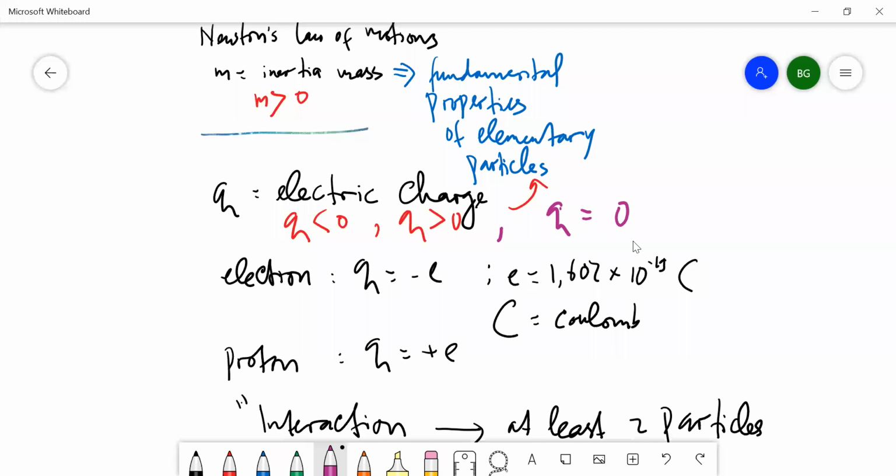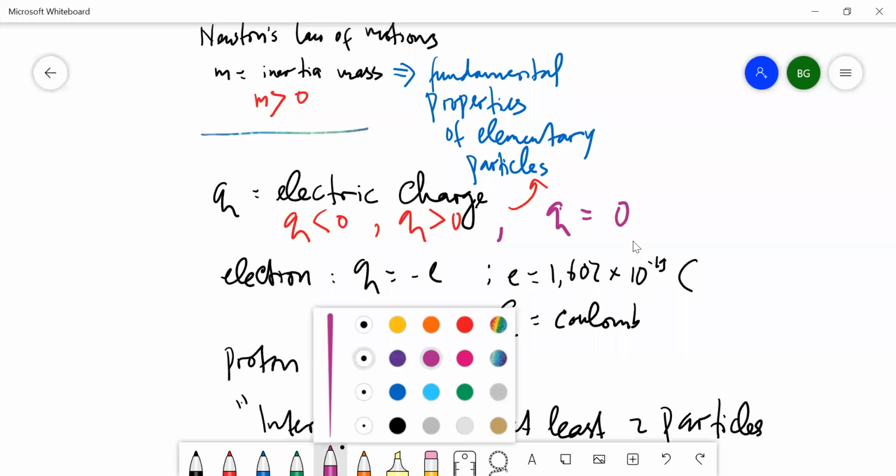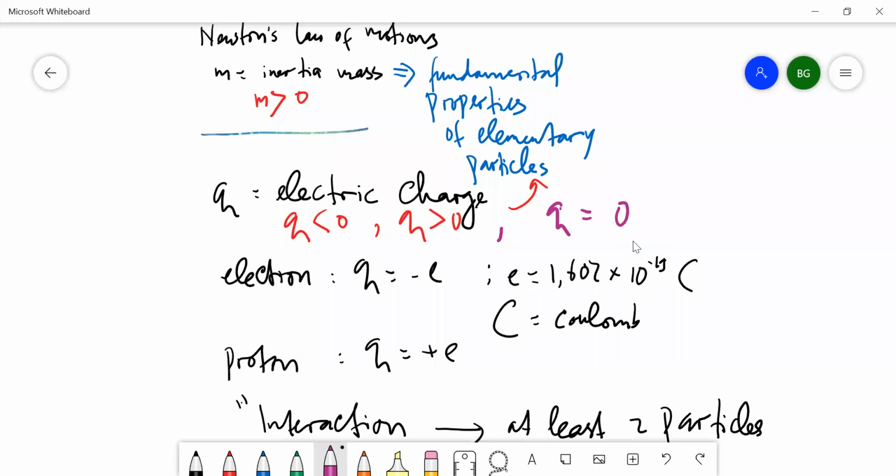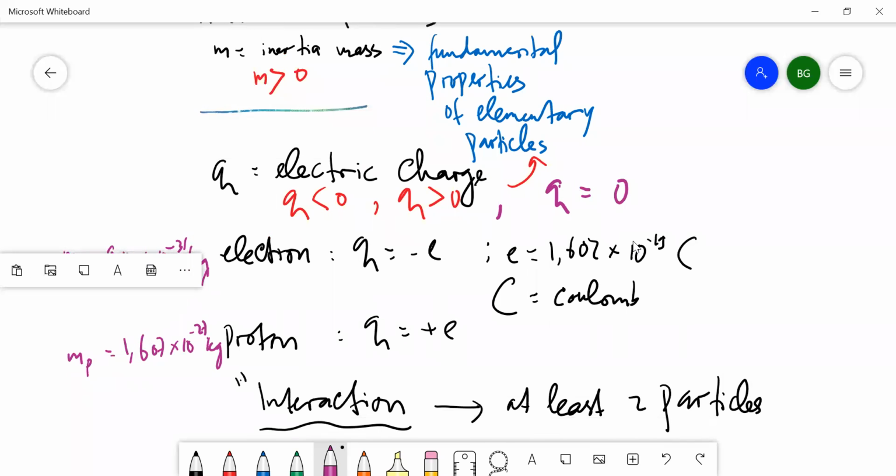And we also know that the electron has mass m_e, which is 9.11 times 10 to the minus 31 kilograms. And this m_p is 1.67 times 10 to the minus 27 kilograms, the mass of the proton.